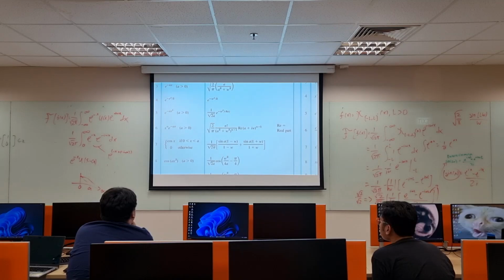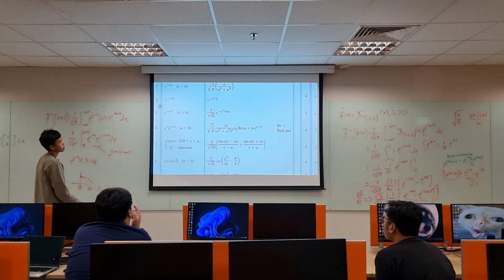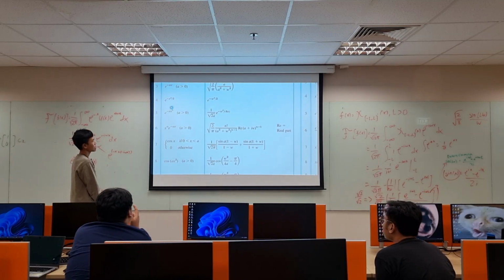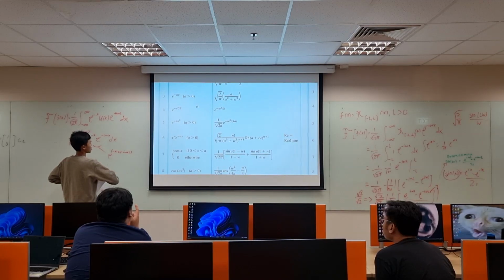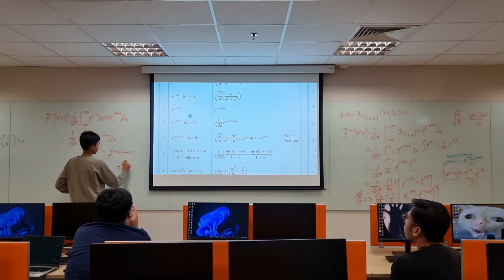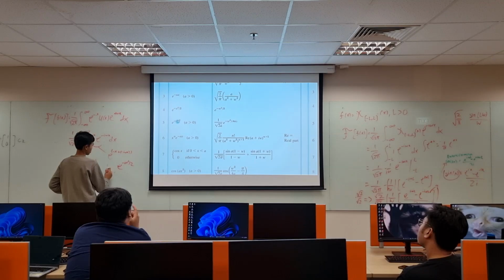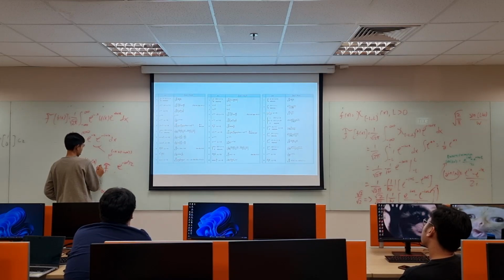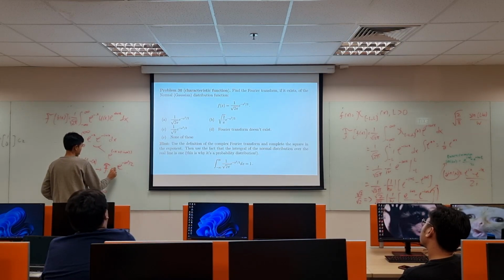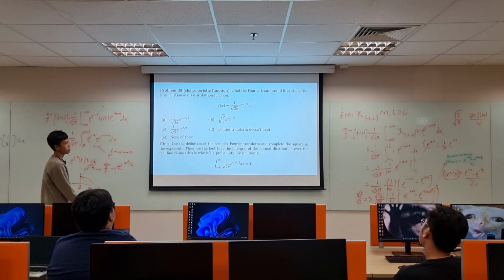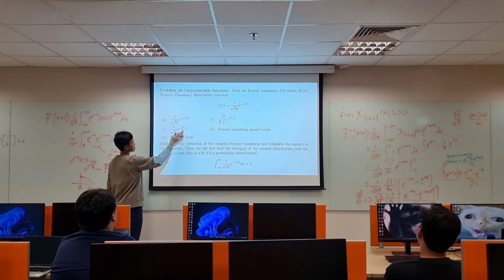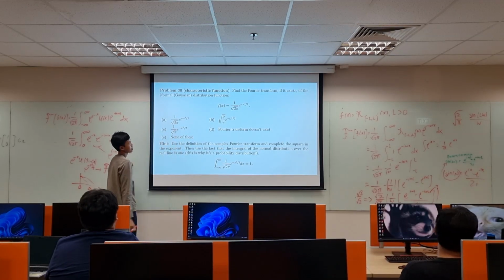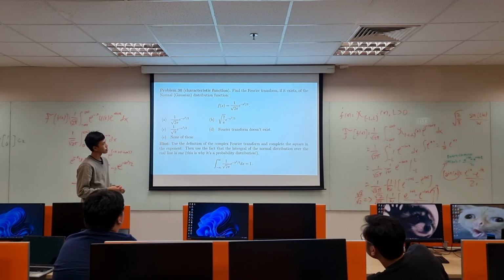Here, e to the minus omega squared over 2 is the Fourier transform of e to the minus x squared over 2. So the answer is 1 over square root 2 pi, I guess.